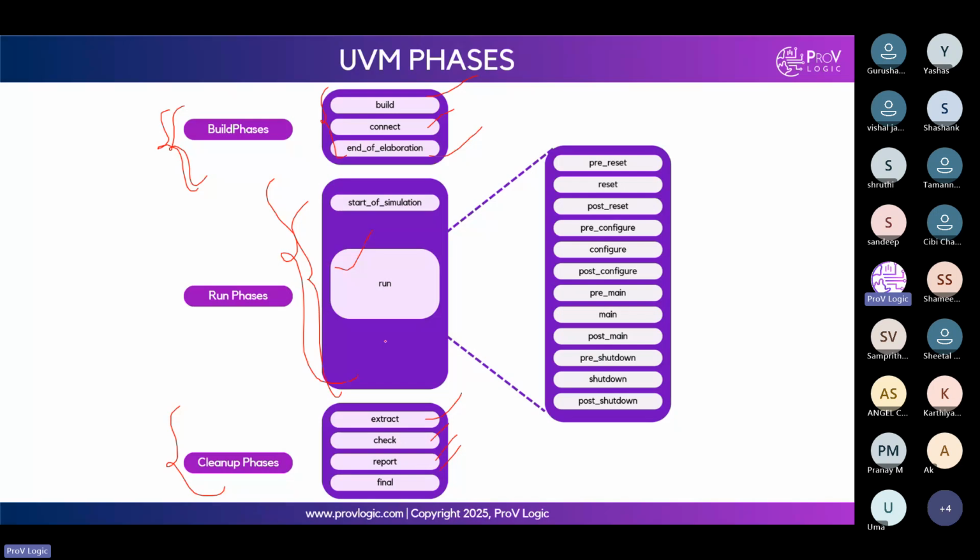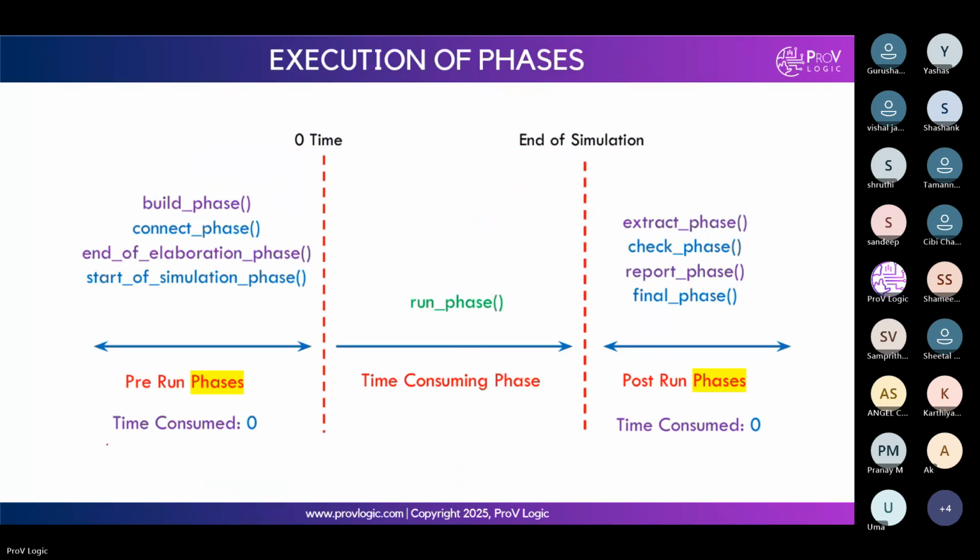We will discuss this after writing some programs. That's why tasks are not preferred for build phases and cleanup phases. Only the run phase prefers them. Zero simulation time consumption in the others, but more time consumption here.